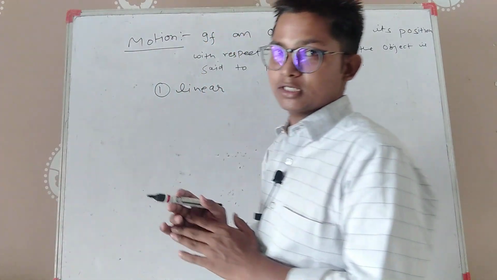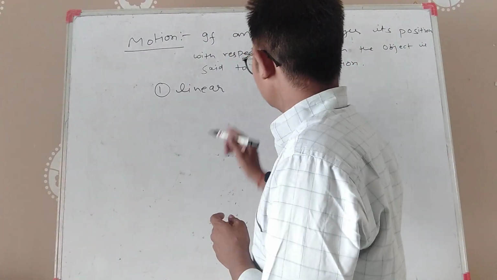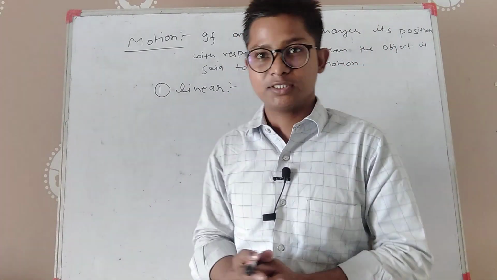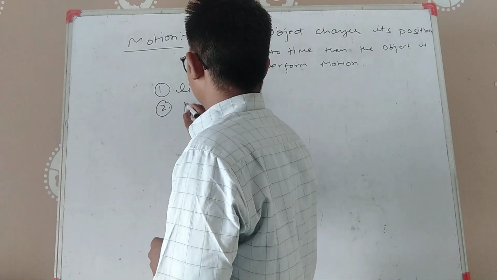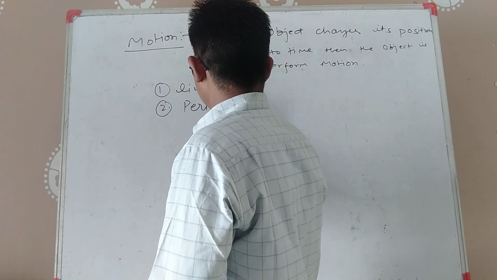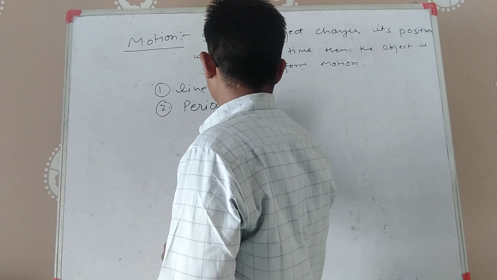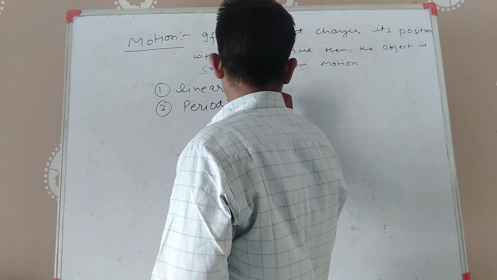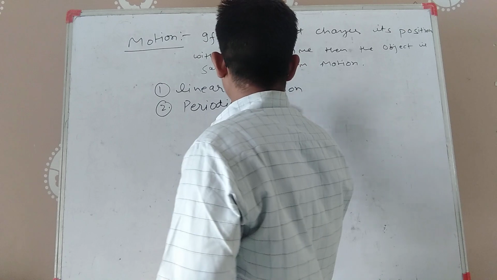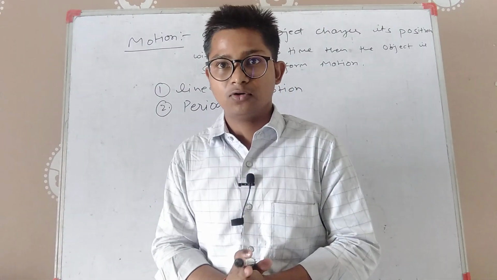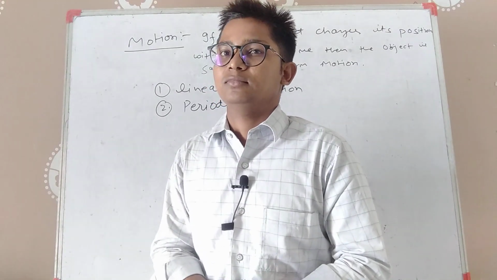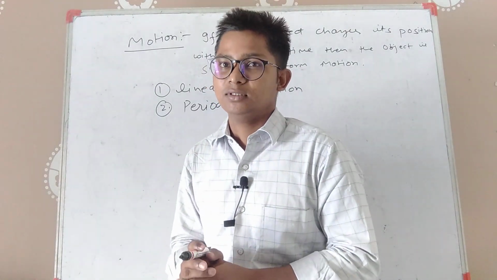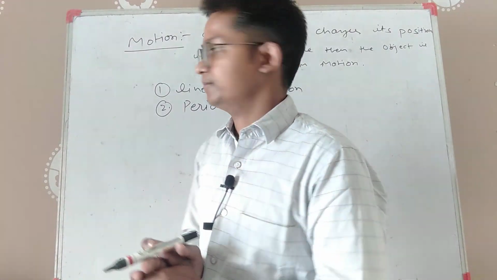A motion is said to be linear motion when an object moves along a straight line path. And the second one is periodic motion. When an object repeats its motion during a certain interval of time, then the motion is said to be periodic motion.